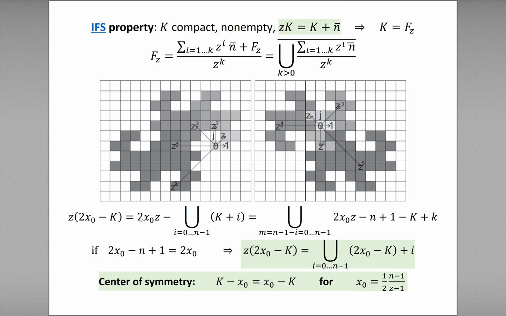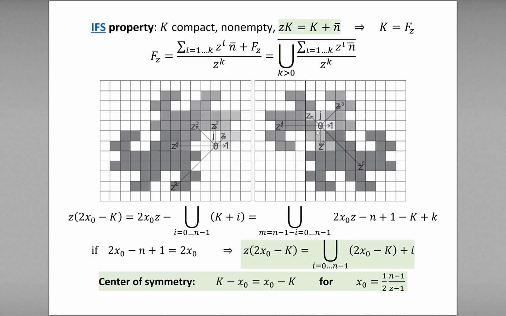Expanding the self-similarity relation for K, as here, we get that x0 needs to have this value, so that 2x0 minus K satisfies this self-similarity relation, which allows us to conclude that the set is our fractal, the same.